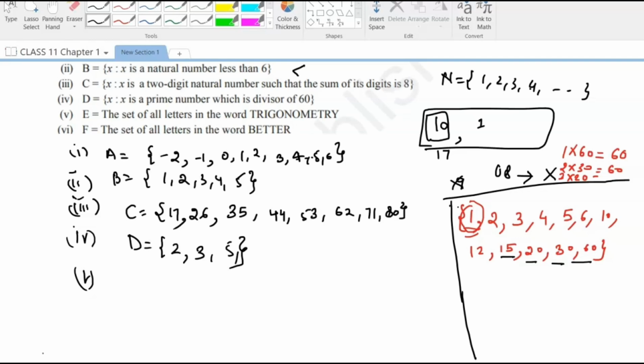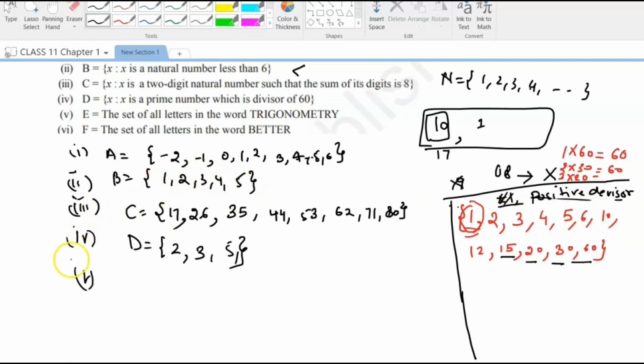That's why when I was writing the divisors, I didn't write plus minus 1 or plus minus 2, because they are divisors, but they are not prime numbers. So I just wrote the positive divisors of 60, because we needed to choose prime divisors from this set. So I didn't write the negative divisors. Hope this clears any doubt.